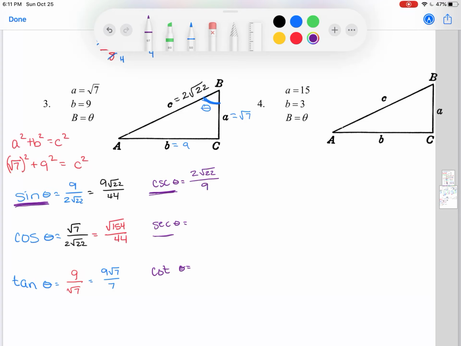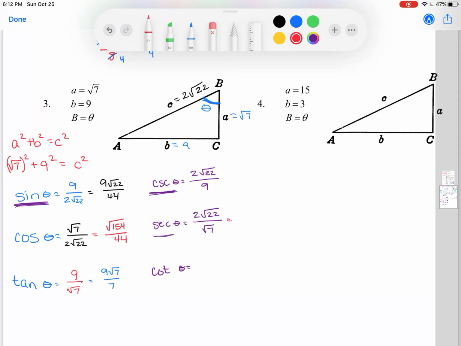Again, if you want to remind yourself that S's can never be together, C's can never be together, that's another way as well. So for cosecant, I go back to the original sine that I had, and then I flip that because I won't have to worry about any radicals in the denominator or changing it from there. So I should have 2 square root of 22 divided by 9.